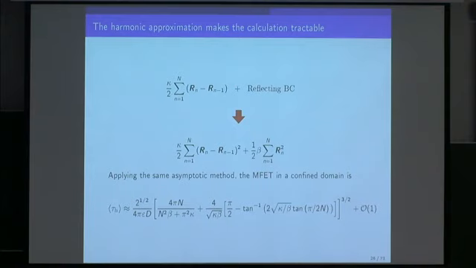And this way we were able to asymptotically solve the mean first encounter time problem and obtain an expression for how long it takes for the two guys to meet, depending on the polymer length, the diffusion coefficient, the capture radius epsilon, which is just how close they have to be for us to say that they've met, and the strength of the confinement or the size of the sphere.